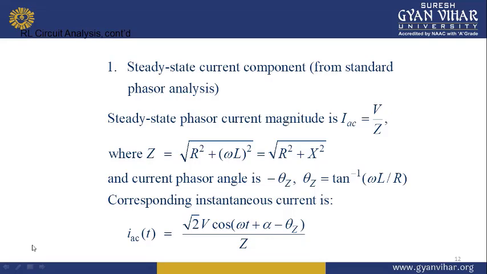Now this theta z is the impedance angle, measured as tan inverse of omega L upon R, or X upon R. The corresponding instantaneous current IAC will be root 2 V cos of omega t plus alpha minus theta z upon Z.